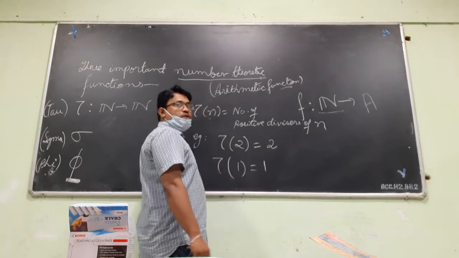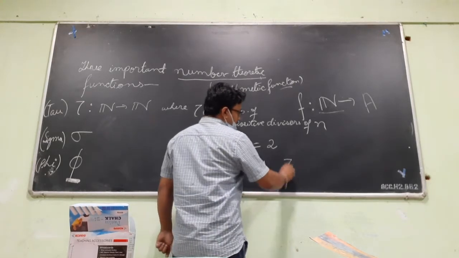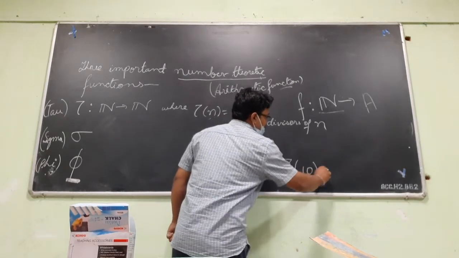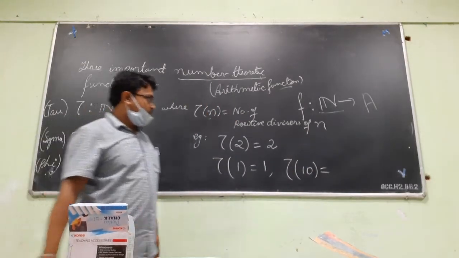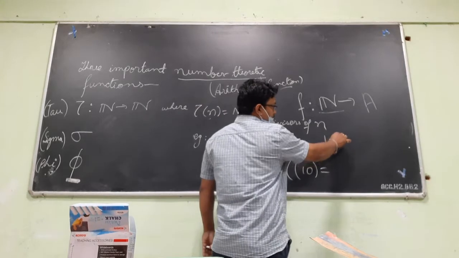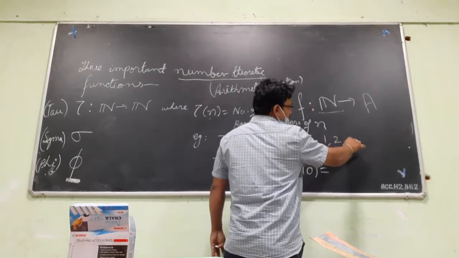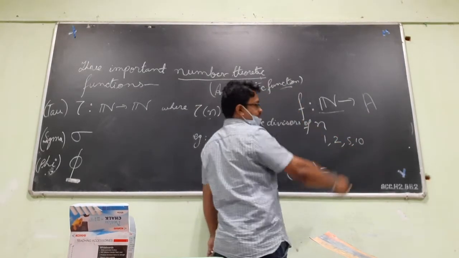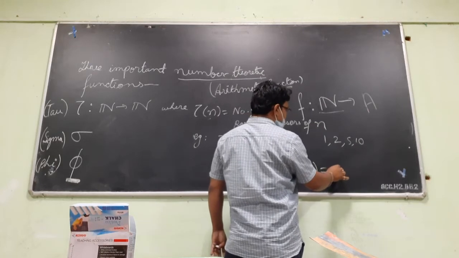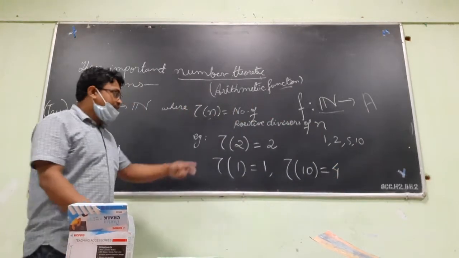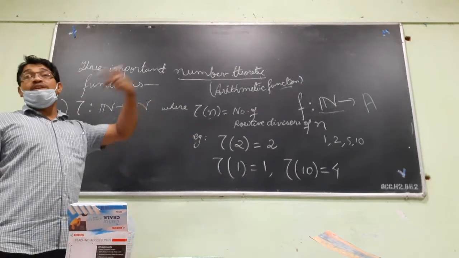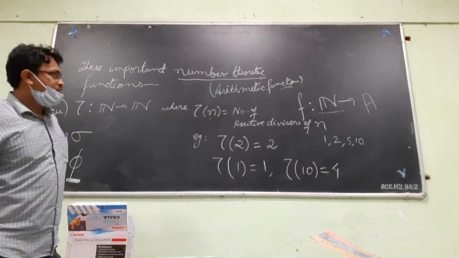Tau of 1 is 1, only 1 positive divisor. Tau of 10, what is tau of 10? How many positive divisors are there? 4. Actually 1, another is 2, another is 5, another is 10 itself. So tau of 10 is 4. Understood? It gives us the number of positive divisors, how many divisors are there.